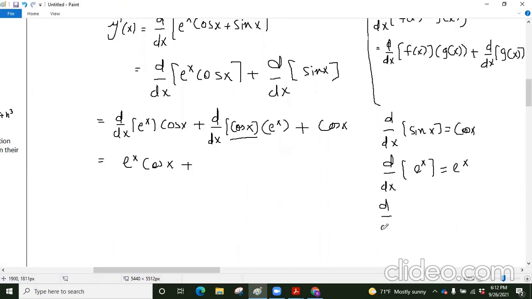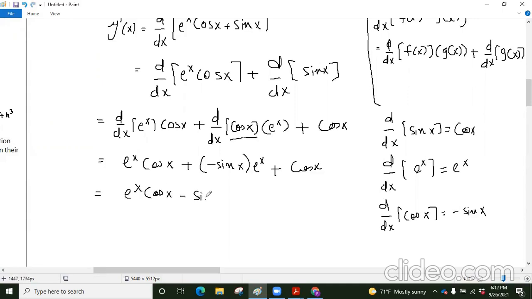You want to remember that the derivative of cosine of x is equal to negative sine of x. Multiplied by e to the x, plus cosine of x, which is the derivative of sine of x. And then it would just be e to the x cosine of x minus sine of x e to the x plus cosine of x.